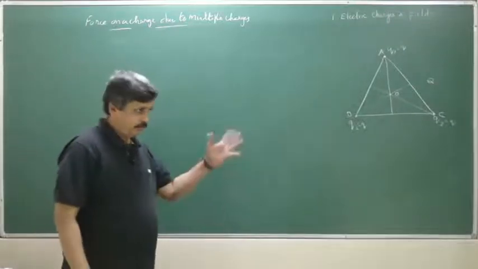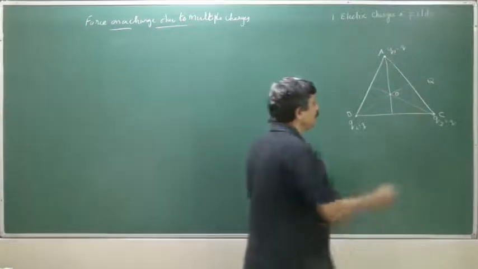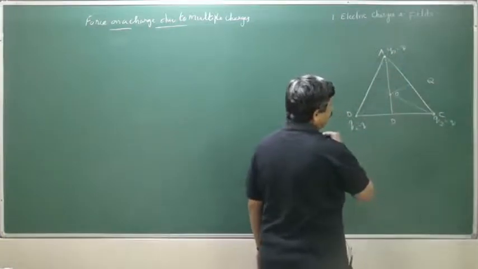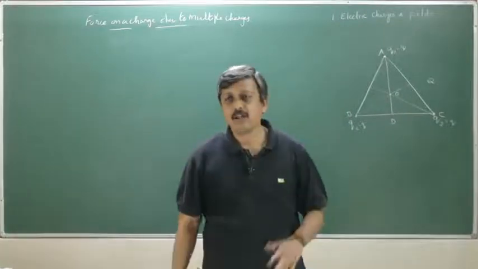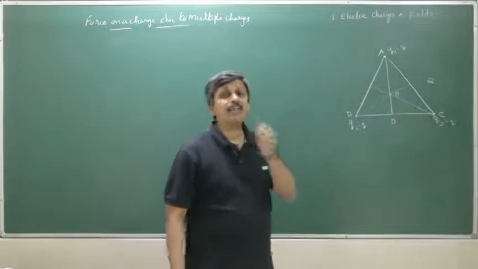Now let's look at this from the common sense viewpoint. Since this is an equilateral triangle, with this point D, the distances AO, BO and CO are all the same. So they all are equidistant from this point.